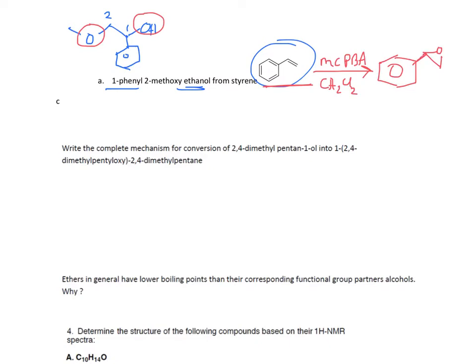Now, realize in this particular case, you have to ring open in such a manner, like I'm trying to compare the structure with my structure. So you have the phenyl and the OH on the same carbon. So you have to ring open in such a manner such that the OMe is on the carbon away from the benzene ring.